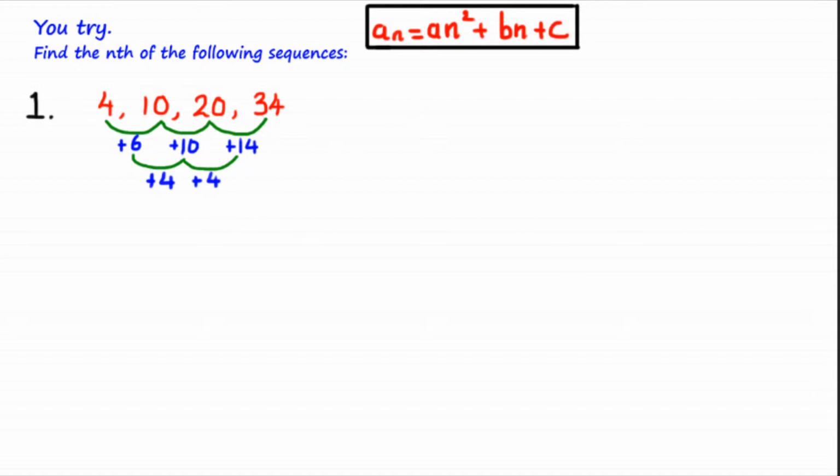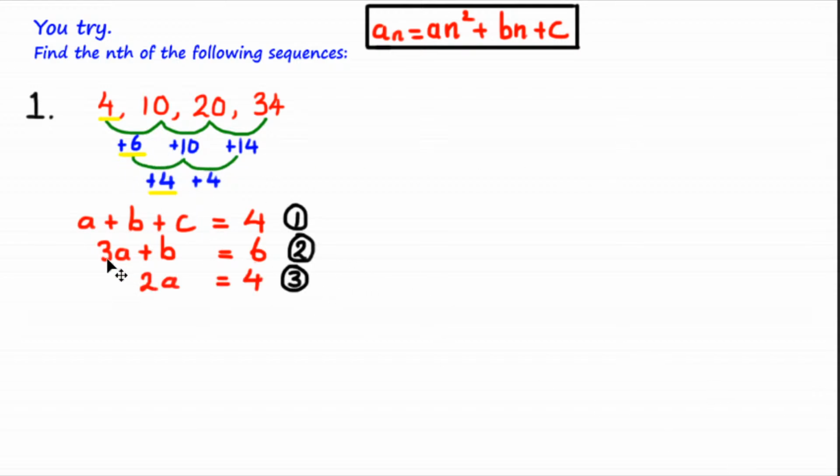And therefore, we can find out the nth term by setting a plus b plus c equal to the first term of the original sequence, which is equal to 4. 3a plus b equal to the first term of the first difference, which is equal to 6. And 2a equal to the first term of the second difference, which is equal to 4, okay?